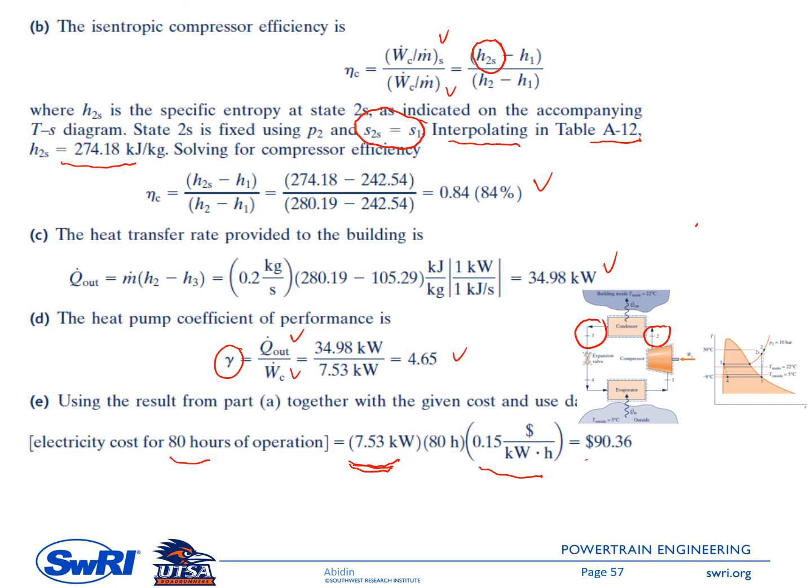So you will get the cost per week. So this is compressor power multiplied by the duration of operation, 80 hours per week, and then multiplied by the cost of the electricity, 15 cents per kilowatt hour. So the operating cost per week, for powering the compressor, is $90.36.